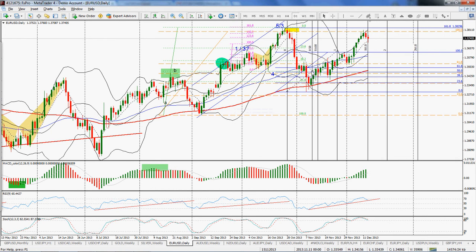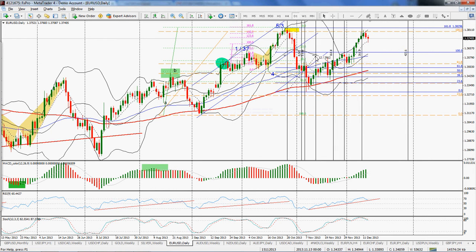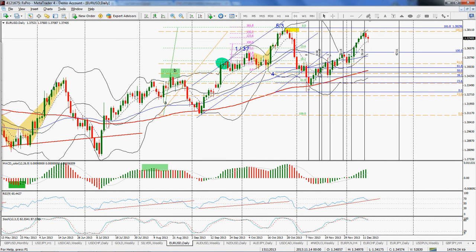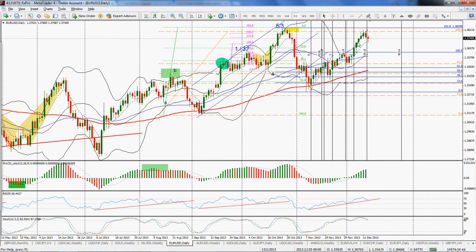Okay, this correction. I'm testing this system, to be honest with you. This correction I move to the right side because there's a second part of this correction, and you can see it ended at 261.8. So it was roughly on the 12th and 13th of December.